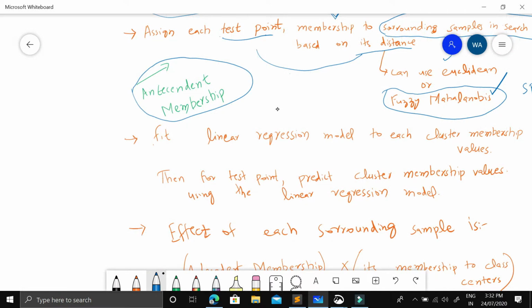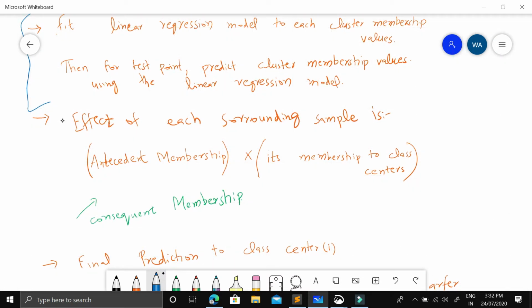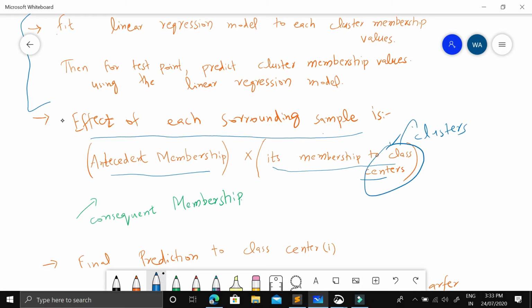Then, before I explain this point, let's come to the third point, where we find out the effect of each surrounding sample by multiplying this antecedent membership with its own membership to class centers. Each surrounding sample has some membership to different class centers, different clusters. These are the same thing, different clusters.